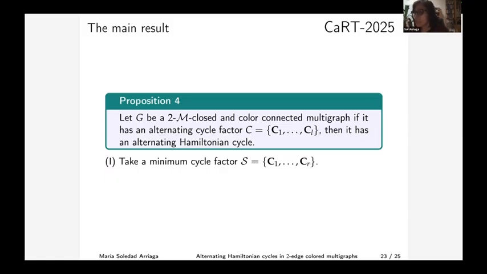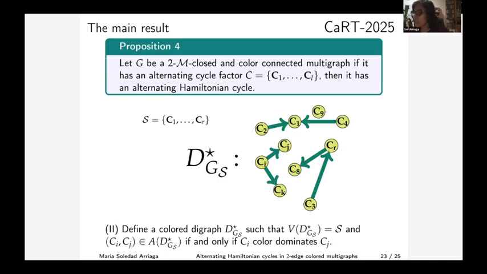Then define a colored digraph D star, of G and S for short, such that its vertices are the cycles of S, and CiCj is an arc of D star if and only if Ci color dominates Cj.